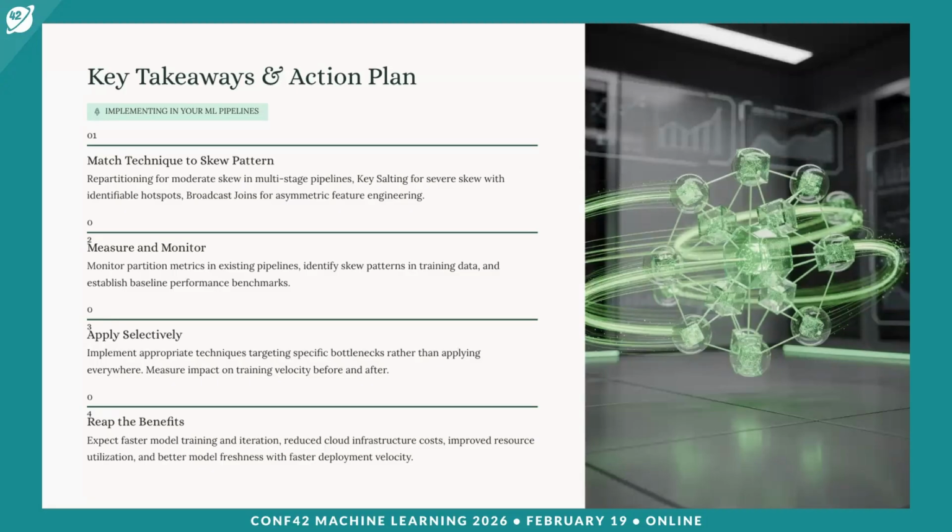With the help of AI, we are experimenting with models trained on historical Spark metrics to predict data skew risk before stage execution. These models could recommend partition counts, salting factors, and broadcast strategies dynamically. This represents a shift towards self-optimizing distributed ML pipelines. That's what we are planning to achieve.